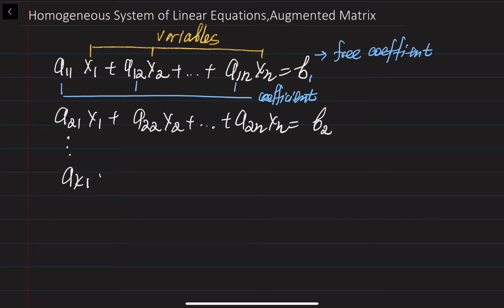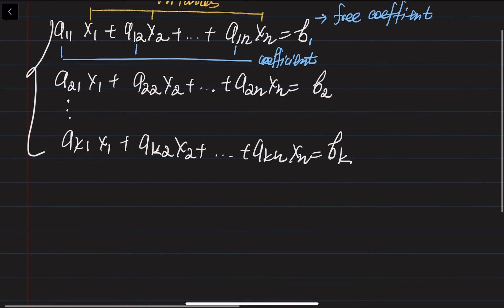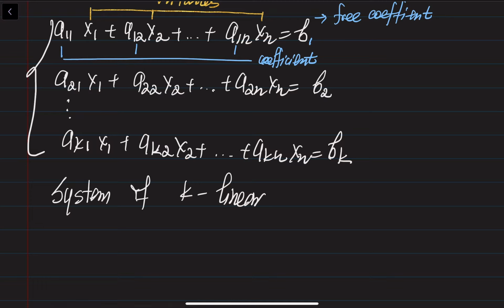Ak1 x1 plus ak2 x2 plus and so on plus akn xn is equal to bk is going to be called a system of k linear equations. So this is called a system of linear equations because the solution of one of the equations is going to be the solution of all the other equations.